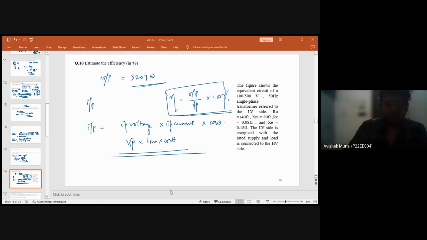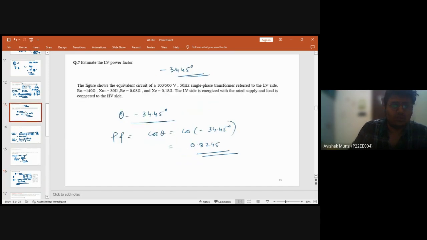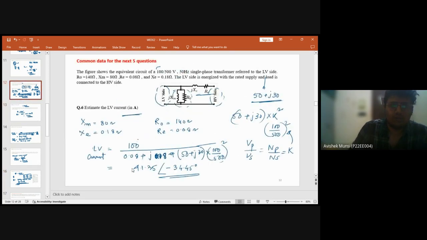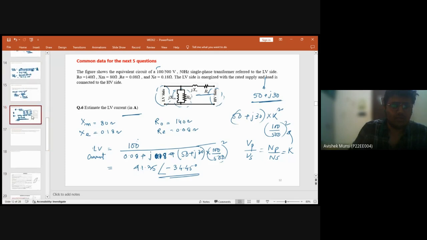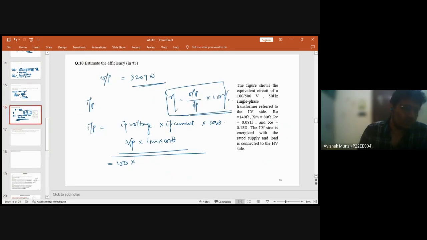So fine, in this question, you have to calculate the input power. The input voltage is 100, it's given. And we calculated the current, which was around 41.35. We have to take the magnitude only. So it is 41.35 into the power factor we calculated, 0.82 something.